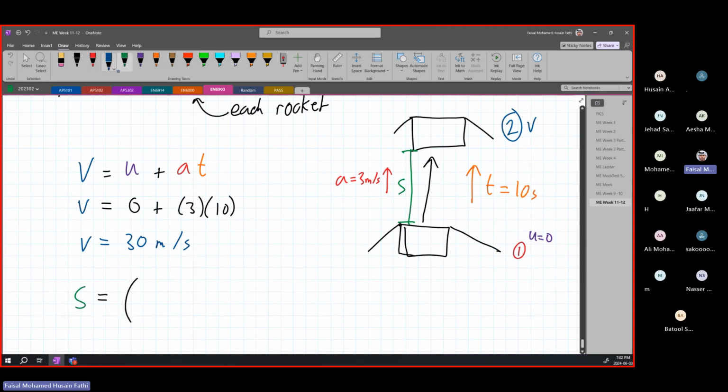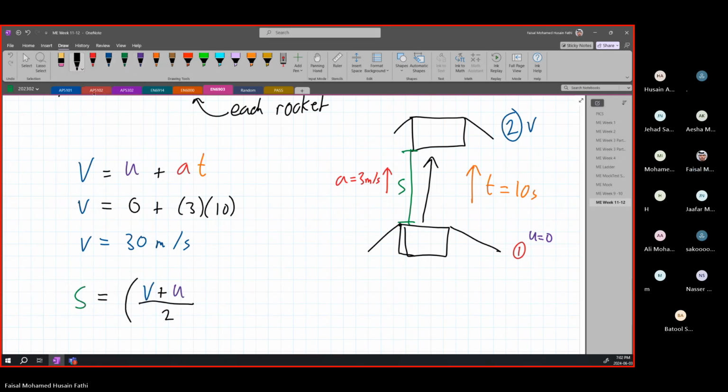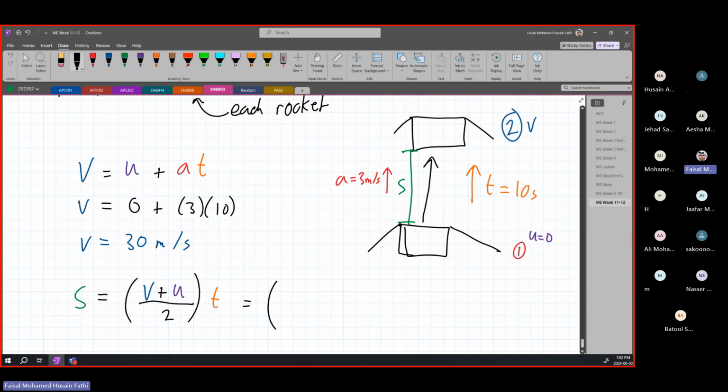I like using the average of velocities, so it's going to be V plus U over 2 times the time T. In other words, this is equal to the velocity that we have found, 30 plus 0 over 2 times 10.